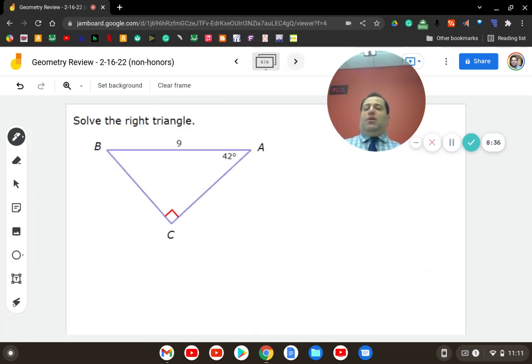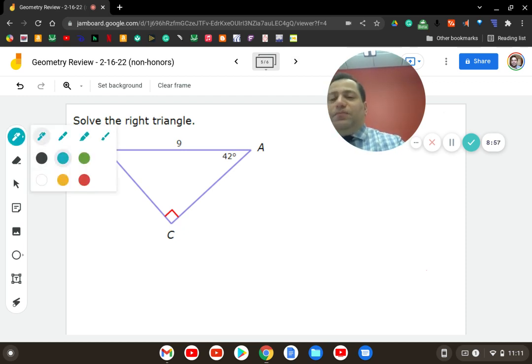Let's look at another example here. In this example, I'm asked to solve the right triangle. When I'm asked to solve the right triangle, that means that they want to know all the missing sides and all the missing angles. What I like to do is record what I'm missing and then work on them one at a time.